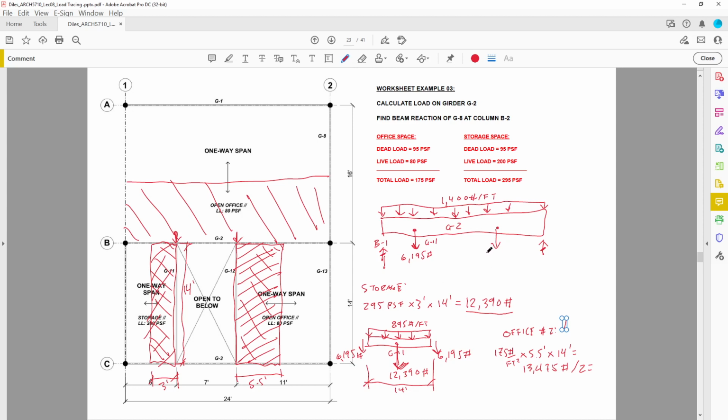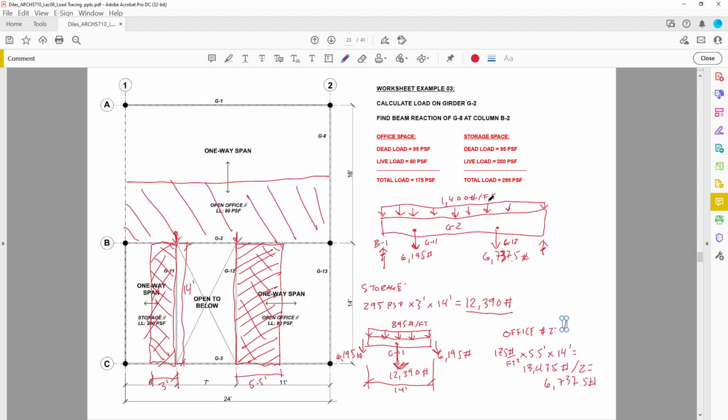That gives us 6,737.5 pounds. That's our point load from G12. So 13,475 divided by 2 is 6,737.5 pounds. Okay, great.